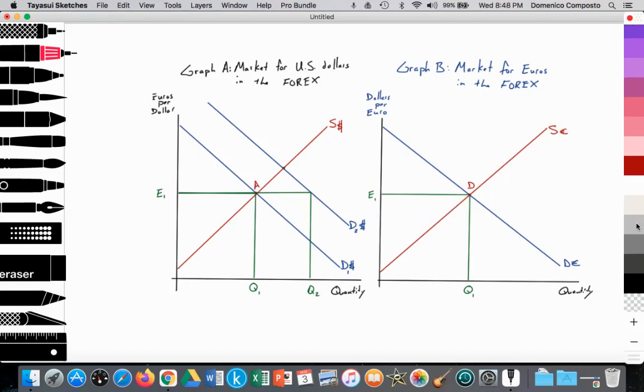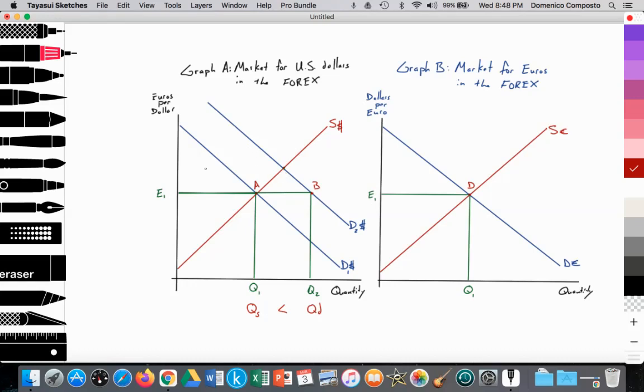Here we are at point B. And we notice that the quantity demanded at point B is greater than the quantity supplied at point A. So what does that do? That puts upward pressure on the value of the US dollar. So the value of the US dollar begins to rise.